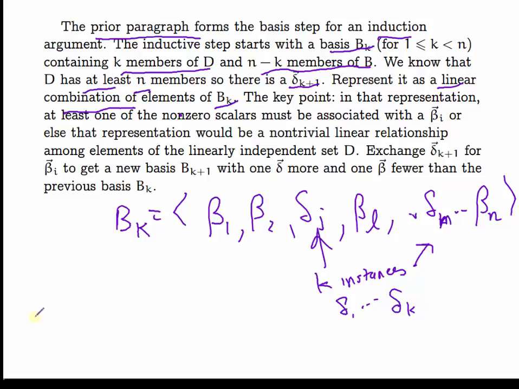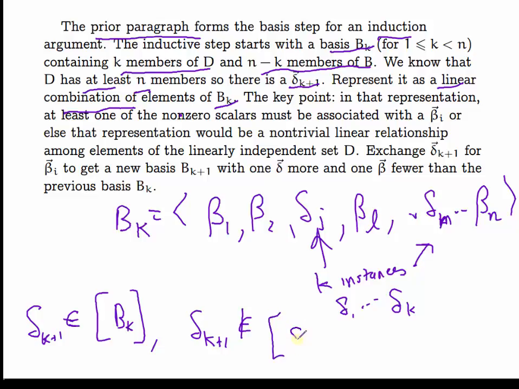Now I can write delta k plus 1 is in the span of Bk. However, delta k plus 1 is not in the span of delta 1 through delta k.